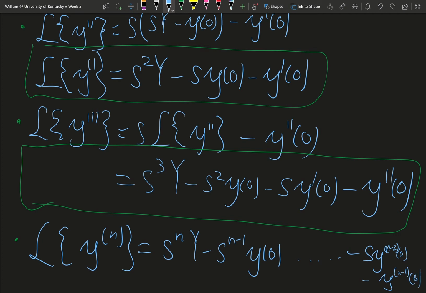So there's a general pattern here. I highly doubt we're going to use anything past this point, and 98% of the time we're just going to be using the second derivative.